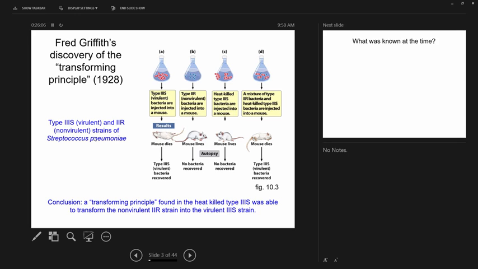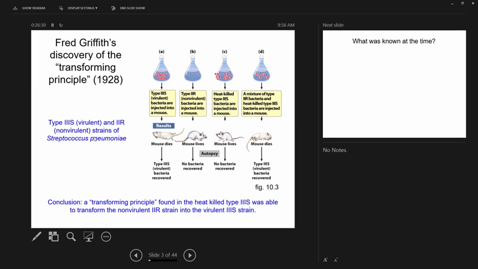It turns out that the type 2R cells are, and I'll show a slide about it in just a second, actually picking up DNA from the killed type 3 and they're taking it for themselves. So I think that would count, but I don't want to go out on a limb.